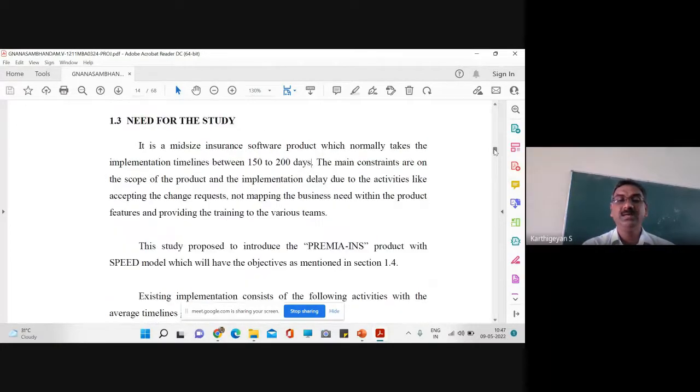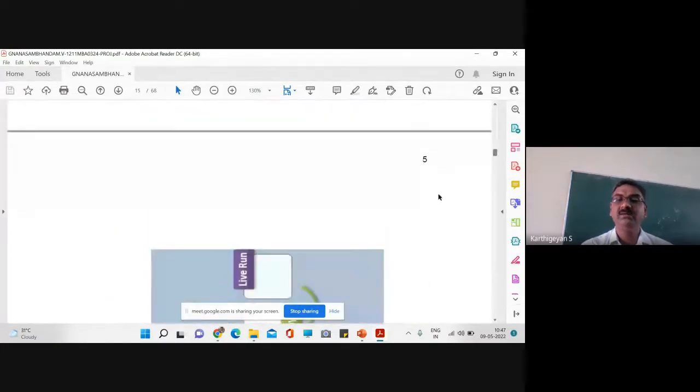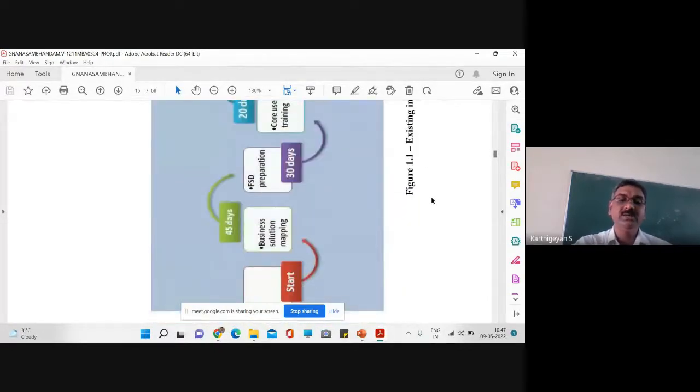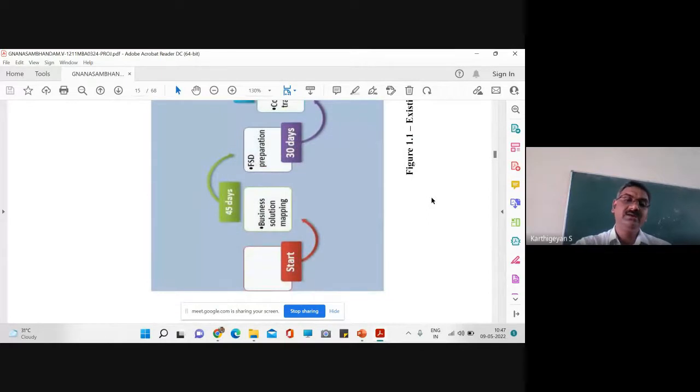In this, I'll show the cycle, right? So you are able to view this figure. I'm sorry, it's upside down. Start of the project, and the first step is business solution mapping. And for that step, there are 45 days required, and FSD preparation requires 30 days.